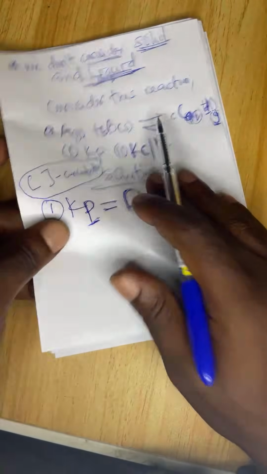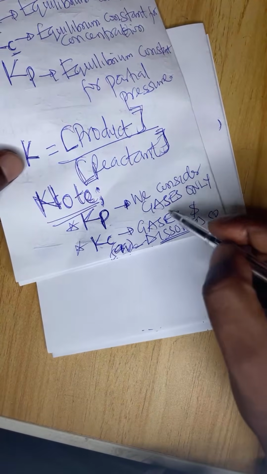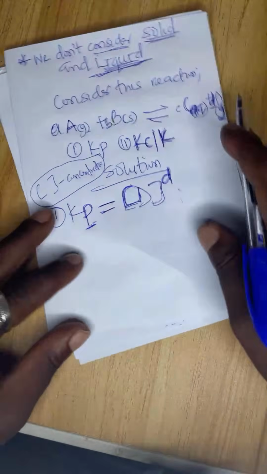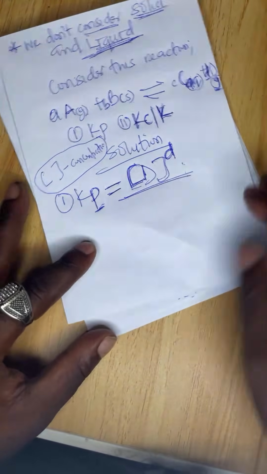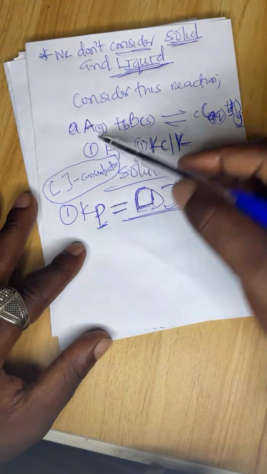Don't forget what I said here: if you want to write for Kp, we consider gases only. That's all for the product. Reactant: will I write for A?